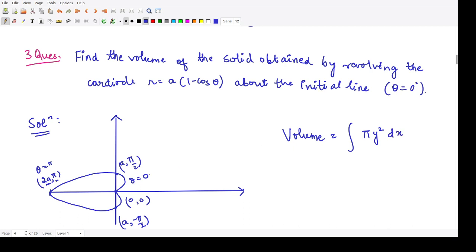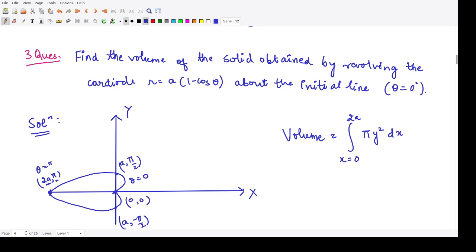Because this is symmetric, it is obtained by revolving around the axis. So the volume is pi into y square dx, and the limits of x vary from 0 to 2a. The minimum value of x is 0 and the maximum value is 2a.